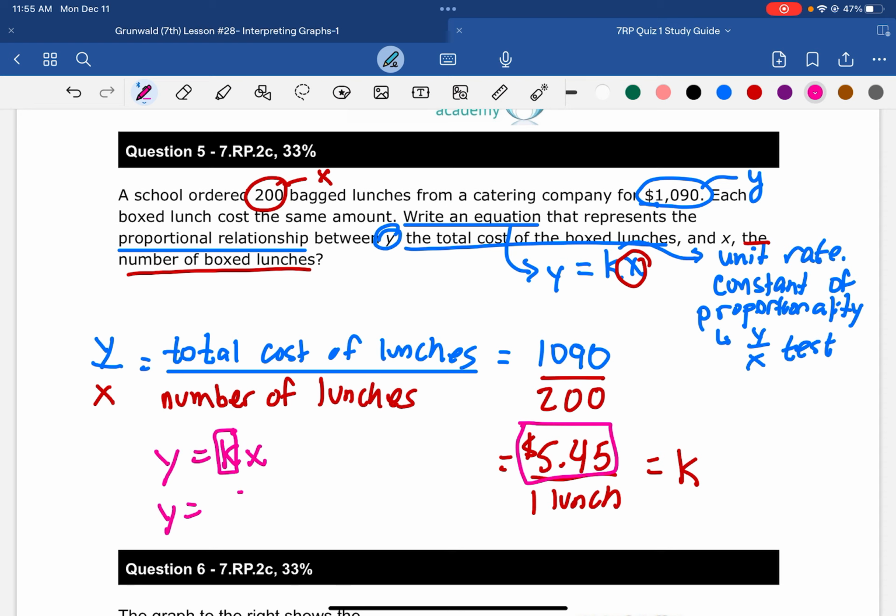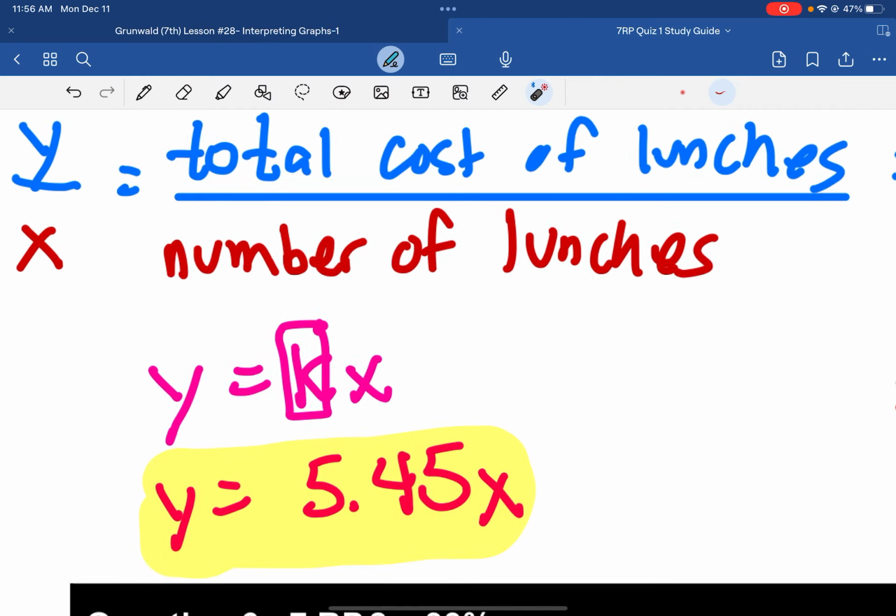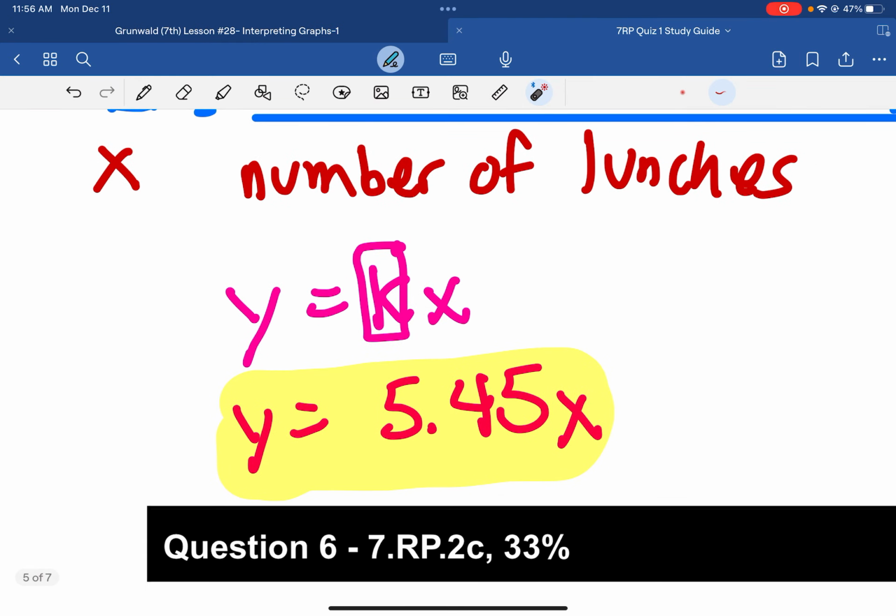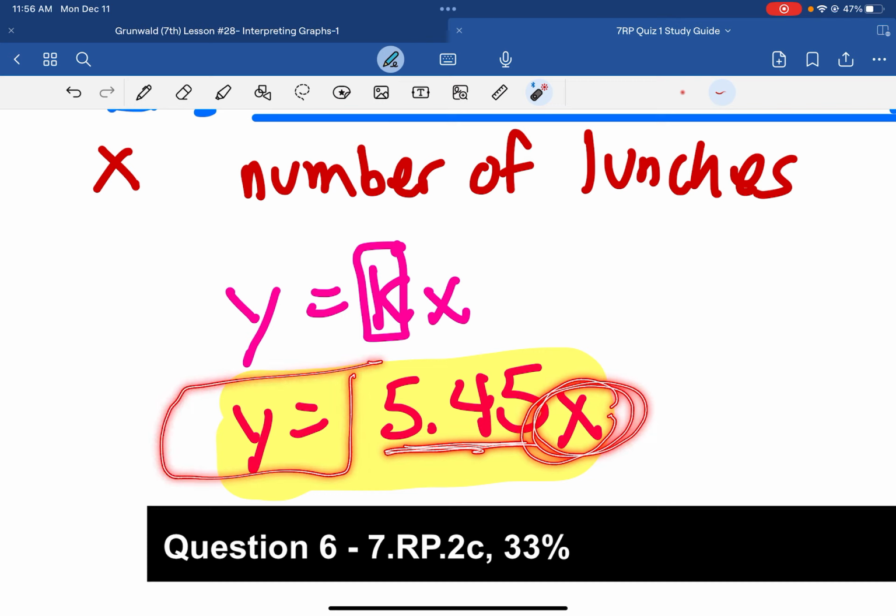Y equals 5.45x. And so this here is the final answer. Y equals 5.45x, which means that the cost for every single lunch is $5.45. And if you think about what the equation means, it will make sense because $5.45 times the number of lunches will give you the total cost of those lunches.